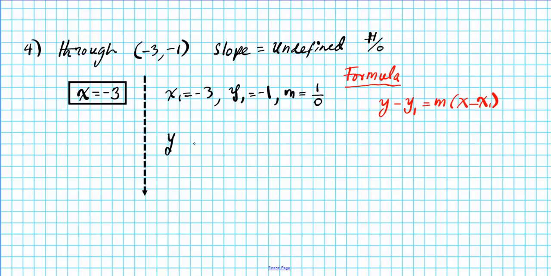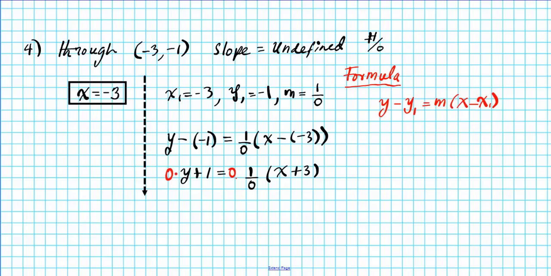Now we're going to plug it into this formula. We have y minus y1, which is y minus -1, equals m, 1 over 0, times x minus x1. So x minus -3. All right, so if you simplify this side, you have y plus 1 equals 1 over 0 times x plus 3. Now you multiply both sides by 0.